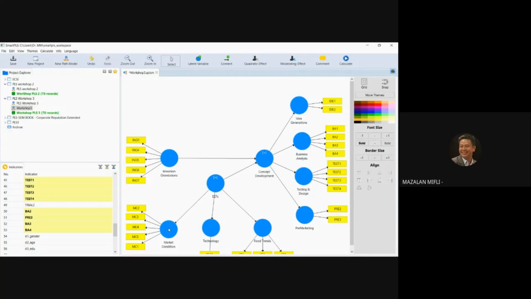Market condition is how the consumer market looks like. Say, for example, they are in a city area, Klang Valley, probably in Kuala Lumpur. Most of them have some education and like to try new stuff, new food. Then the manager may want to be more on the radical side.